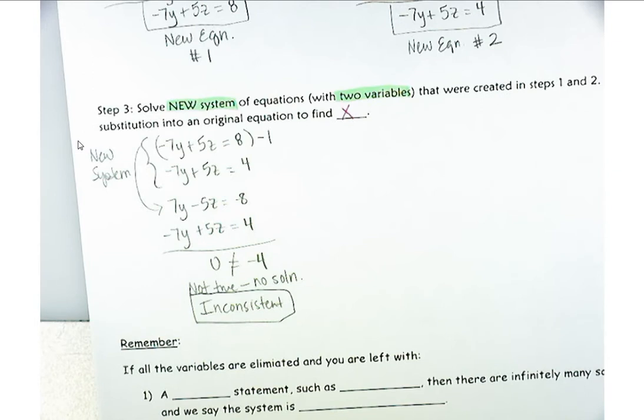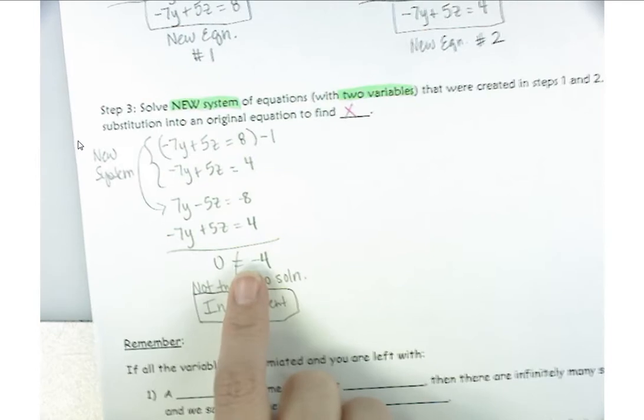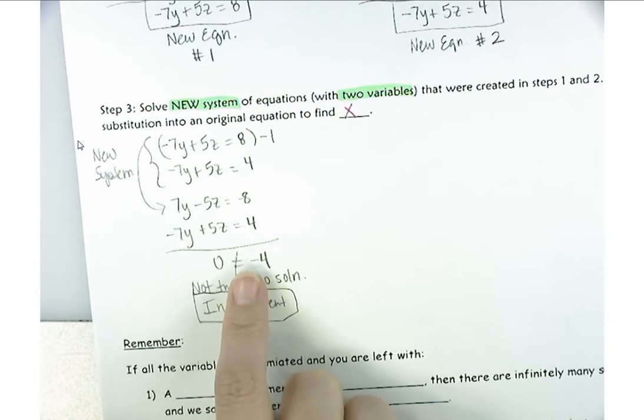To show that it's inconsistent, what I'll specifically be looking for is this equation. Okay, so I still want to show it's inconsistent, you have to show that it's going to result in an equation that's not true. Okay, so I'd still expect you to have 0 equals some value.